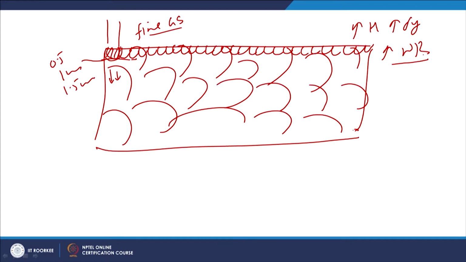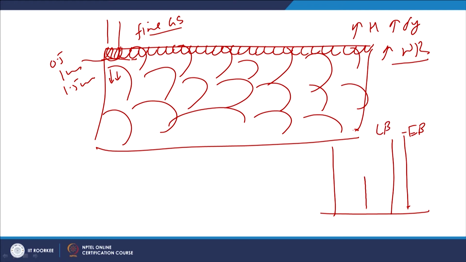So, this is one simple concept which is used in case of the laser, like remelting using laser, or remelting using electron beam, or remelting using TIG arc or plasma arc. All these will be working in the same way, except the difference will be there in terms of the energy density. Energy density for electron beam and laser beam is too high as compared to the plasma and TIG arc.